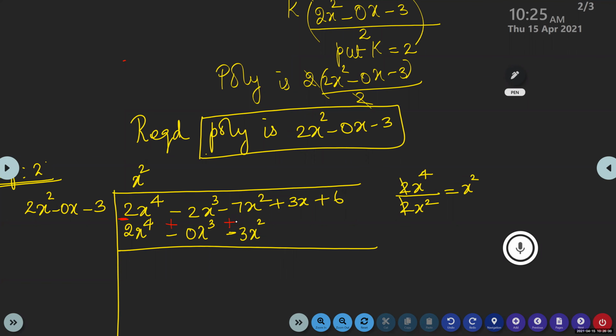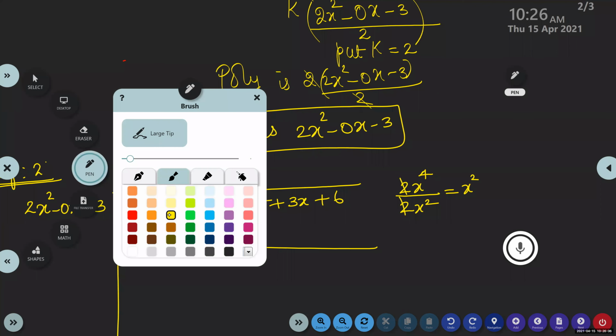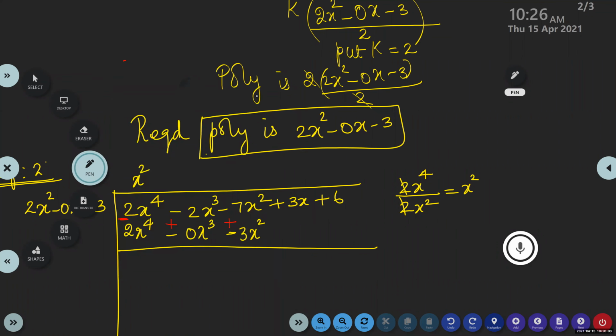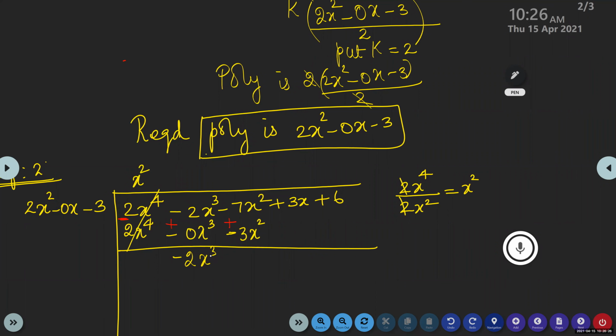Changing the sign means we are subtracting. So now these two will get cancelled. Minus 2 plus 0. What is minus 2 plus 0? It is minus 2x cube.